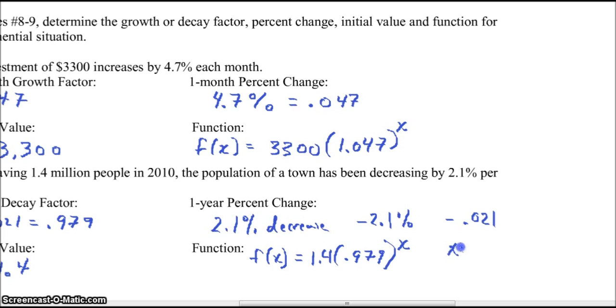X is the number of years since 2010, and our output f of x will be the number of people in millions.